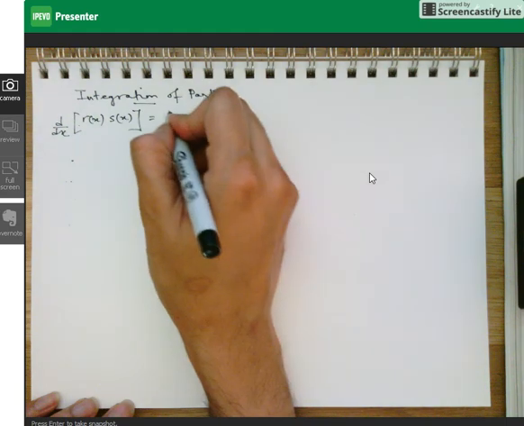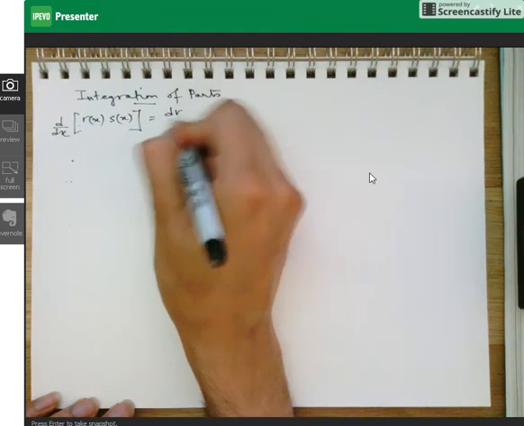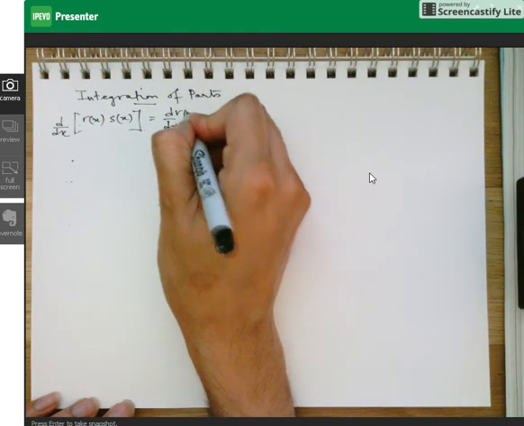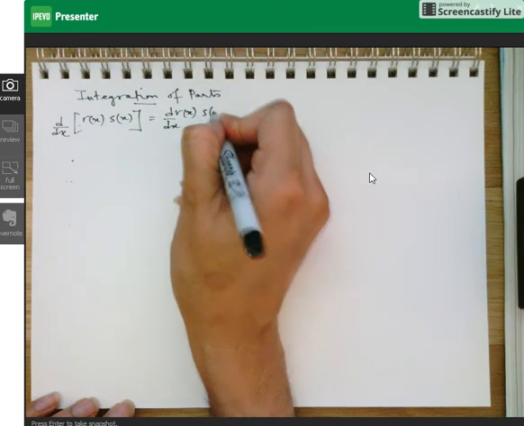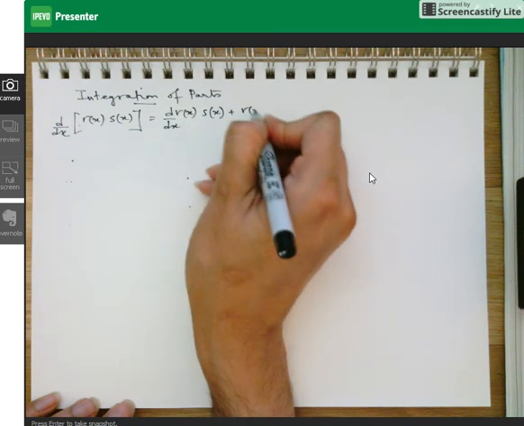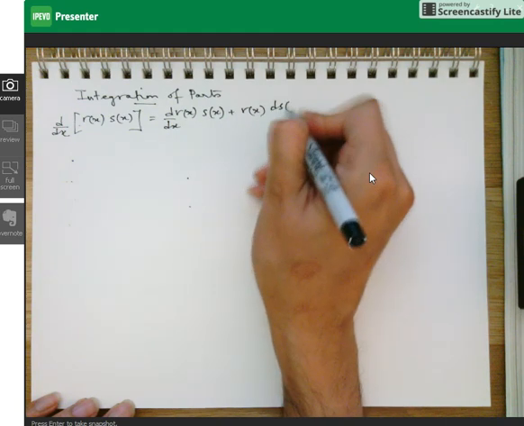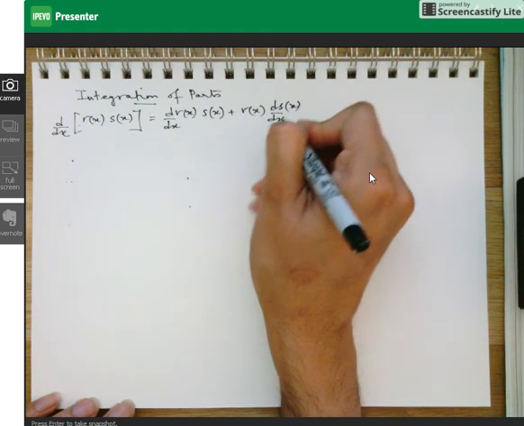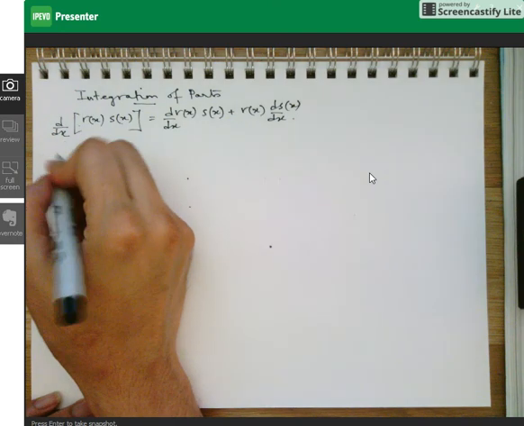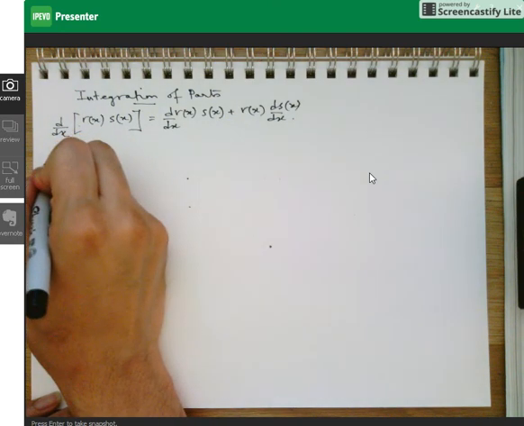it's given by, as we all know, dr/dx times s plus r times ds/dx. Okay, so just a little bit of manipulation.